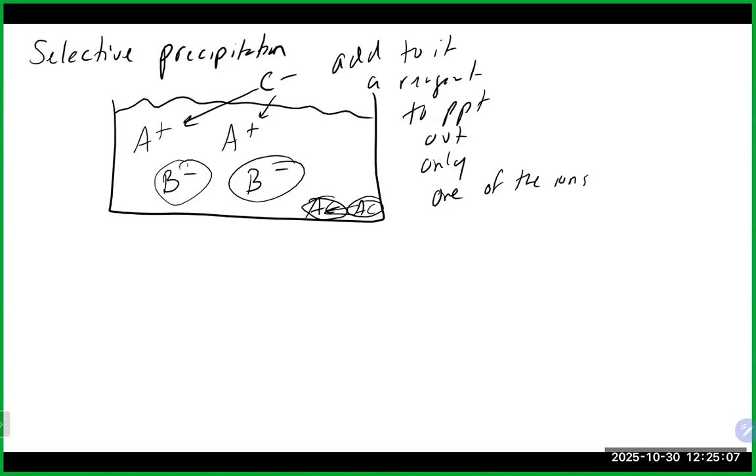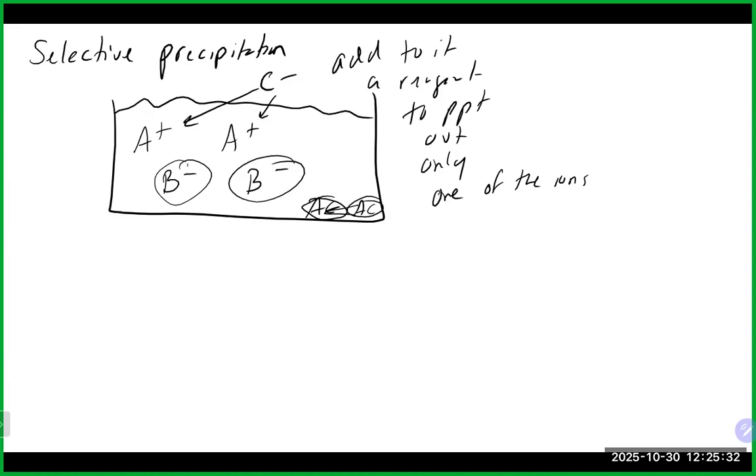But you could also use the KSP to figure out how much you need to add to actually see it. As we just saw in the last example, although you may find something based on solubility rules that should make it precipitate, if you don't add it in the right concentration, you may not see the precipitate actually form. So you could use KSP to really dial in how much of that precipitating reagent you should add.